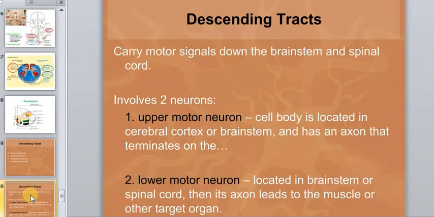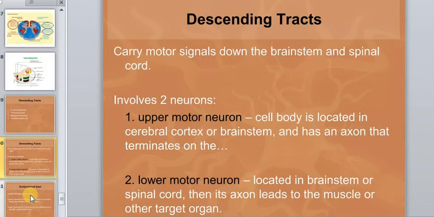Descending tracts in general carry motor signals down the brainstem and spinal cord. This involves two neurons. The upper motor neuron cell body is located in the cerebral cortex or brainstem and has an axon that synapses on the second neuron, the lower motor neuron.